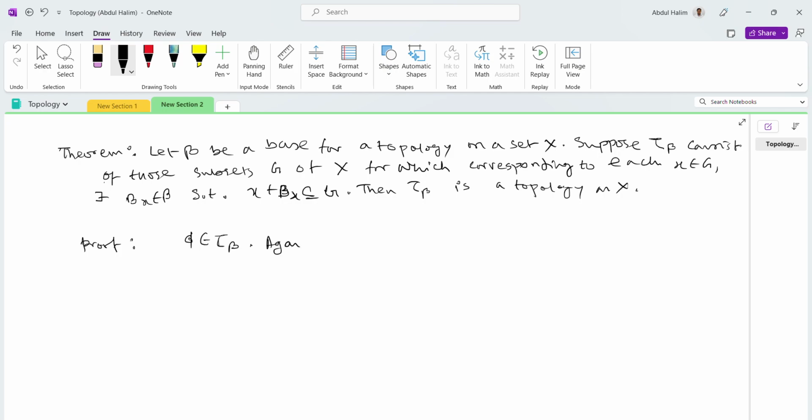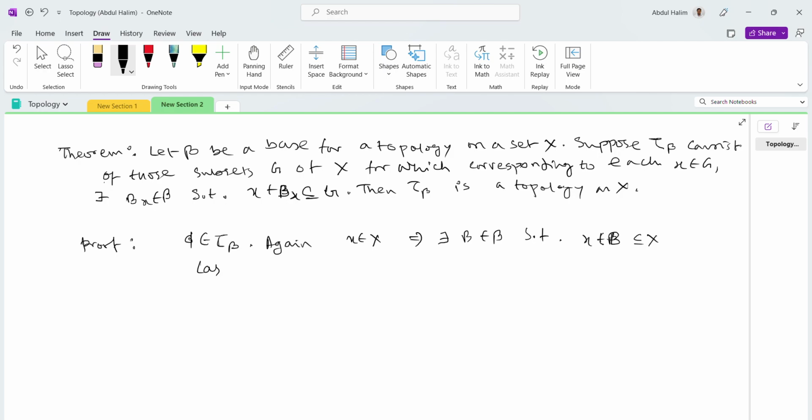Proof: to show it is a topology, phi belongs to tau of beta. It is obvious. The condition is by default already there.